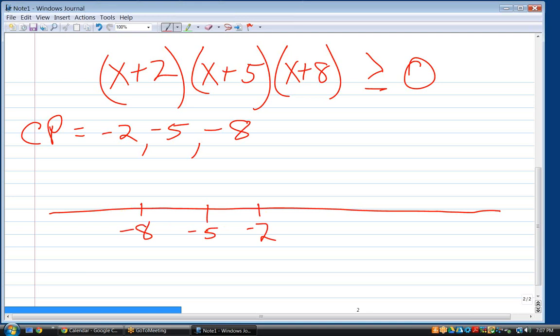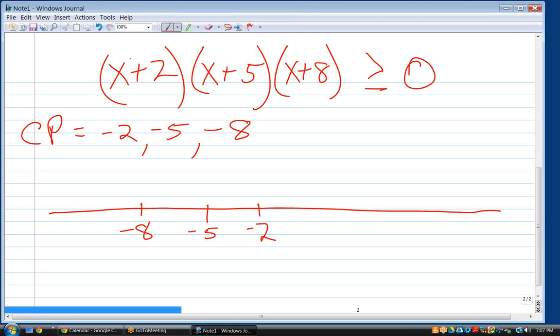the way we're going to solve this problem is we're going to check, in other words, any number I pick that's left of -8 will give me the sign of the product of these three things. For example, pick an x that's -9, plug it in, and the only thing we care about is the sign. We don't really care what the number result is.